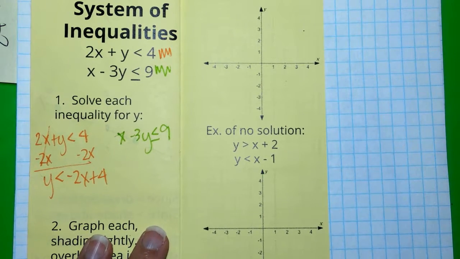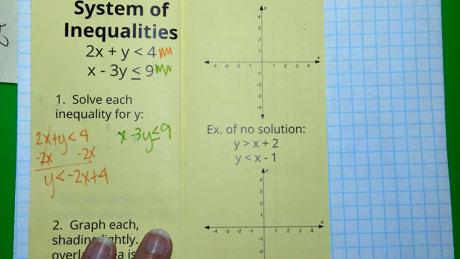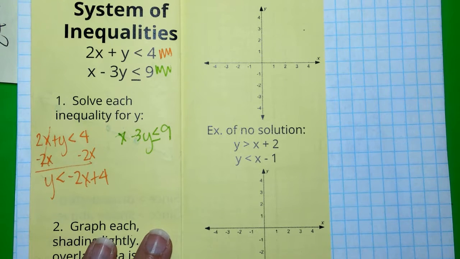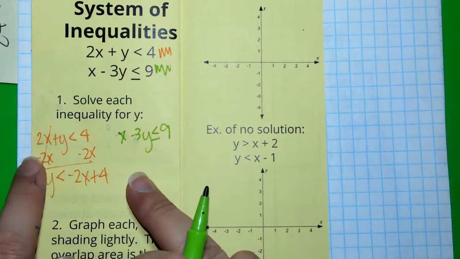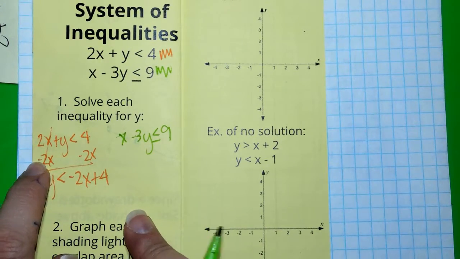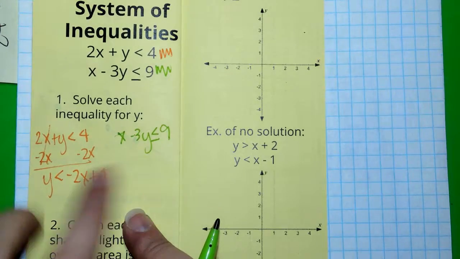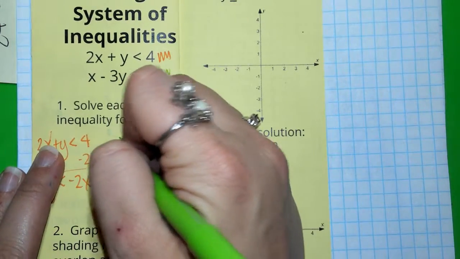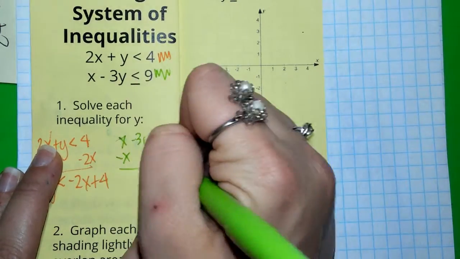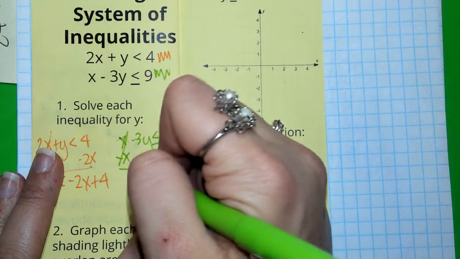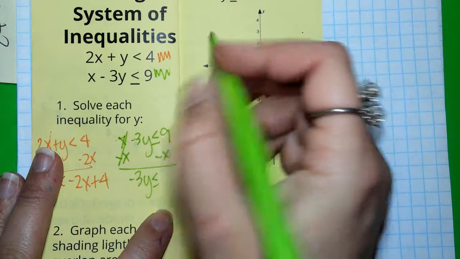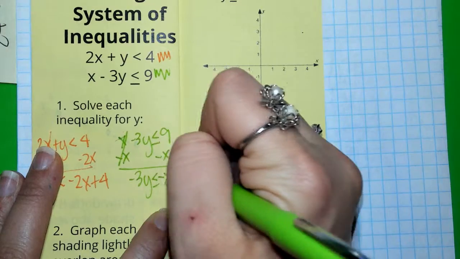Subtract x. Okay, so you see how we moved the x over here in the first one? We're still trying to get y by itself, so move the x. So you would subtract x on both sides, and you would get negative 3y is less than or equal to negative x plus 9.